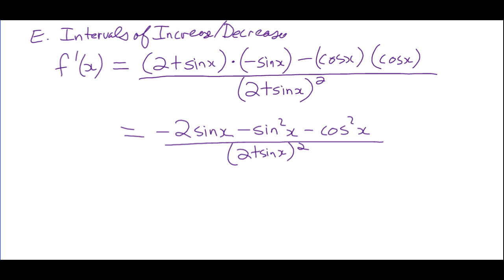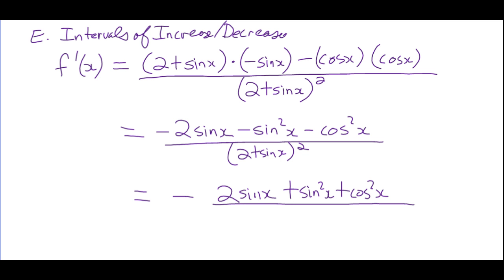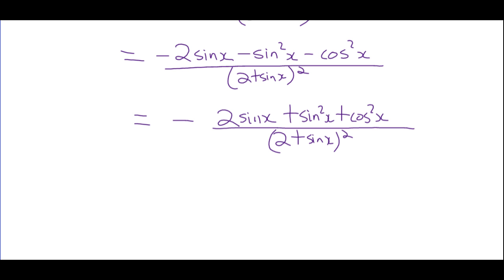If I can make that sine squared plus cos squared, in other words get rid of that negative sign, which I can do by throwing it out front, I get negative 2 sine x plus sine squared x plus cos squared x over 2 plus sine x all squared, which gives me negative 2 sine x plus 1 over 2 plus sine x squared.